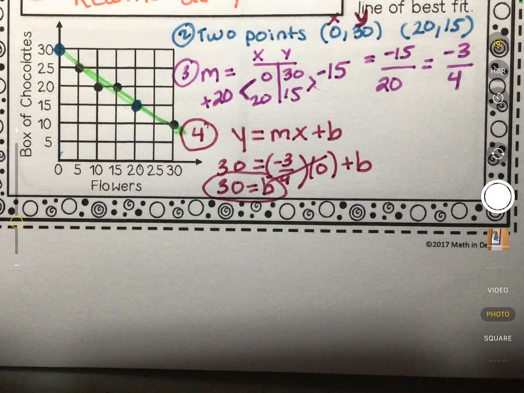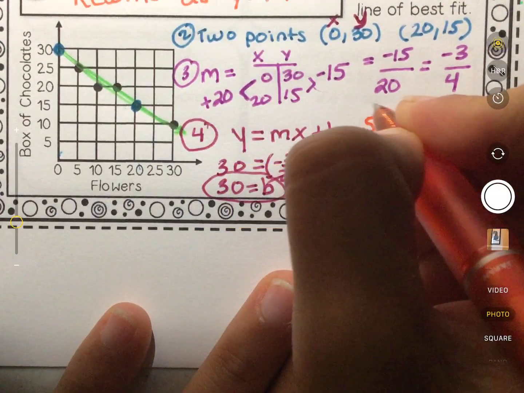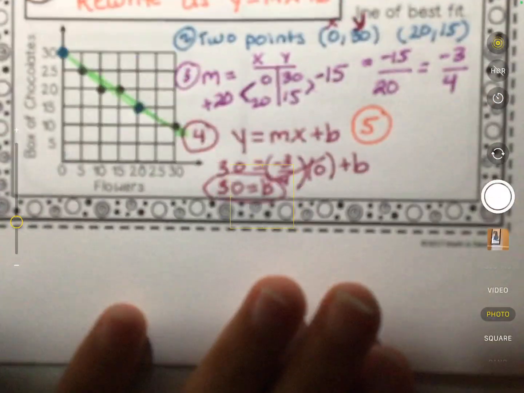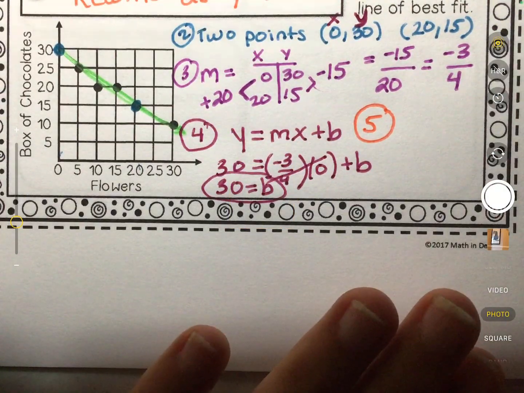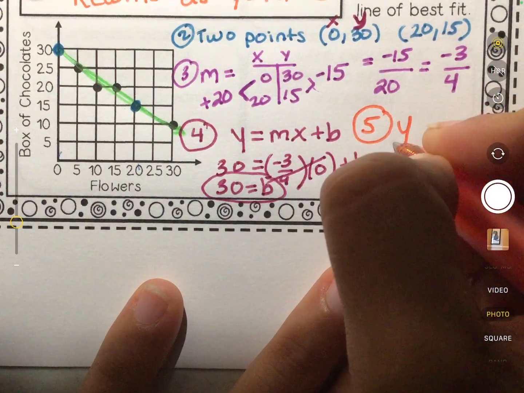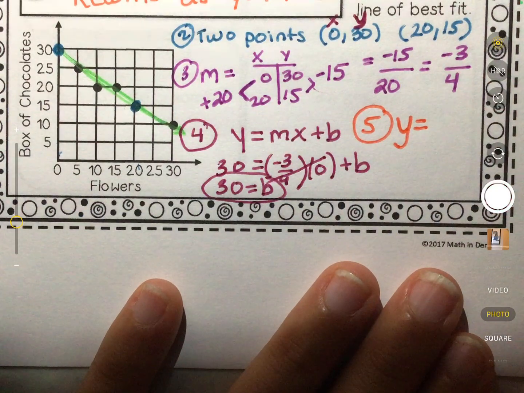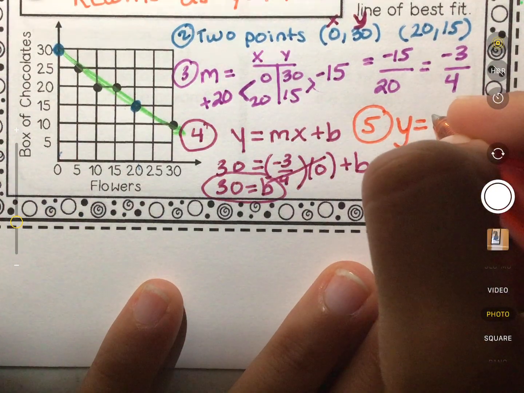Everybody okay? Any questions there? All right, so our last step then is to rewrite the equation. And what I mean by that is we're going to put it in y equals mx plus b format. So when I write equations, we always have y equals. We never put in numbers for y. M, we have to put a number in for. So our M is negative 3 over 4.